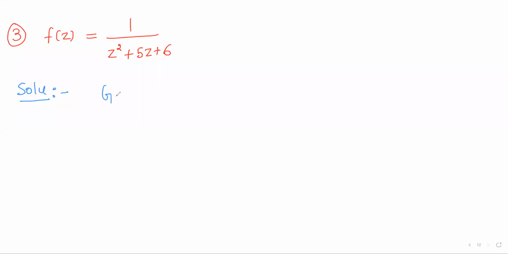Next problem. Given f of z is equal to 1 divided by z square plus 5z plus 6. Once again, the same thing. f of z can tend to infinity only when the denominator becomes 0.